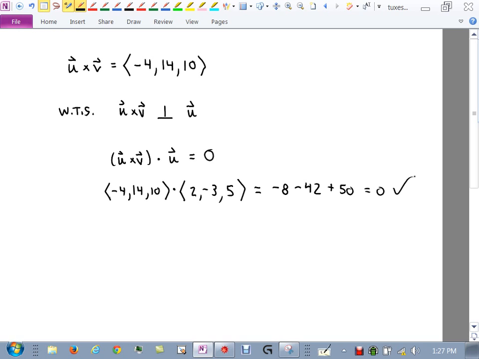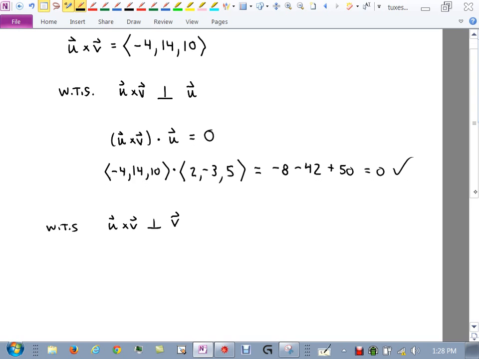So I know that my cross product is orthogonal to U, but I'm supposed to show it's orthogonal to both. So now I want to show that U cross V is orthogonal to V, which means I want to show that their dot product is 0. So U cross V is this, and I dot that with V, which is 4, -1, 3.